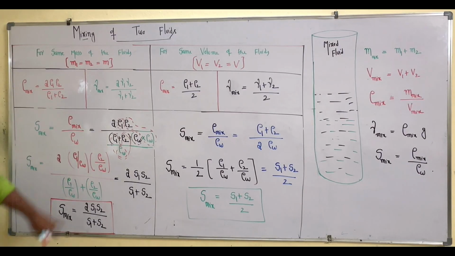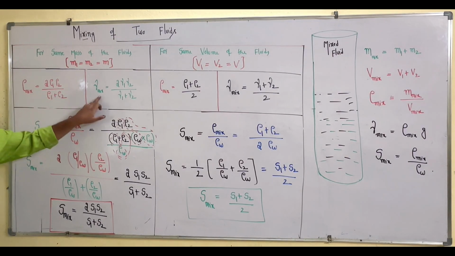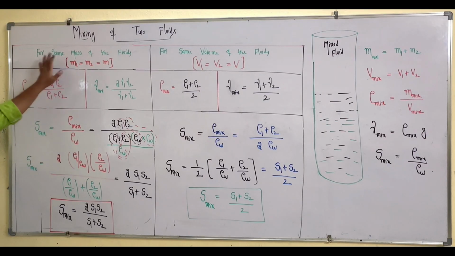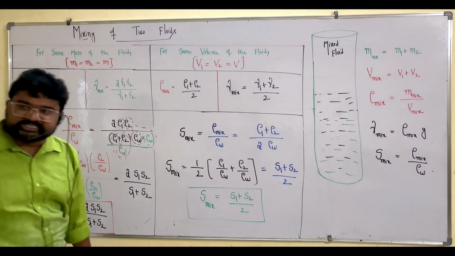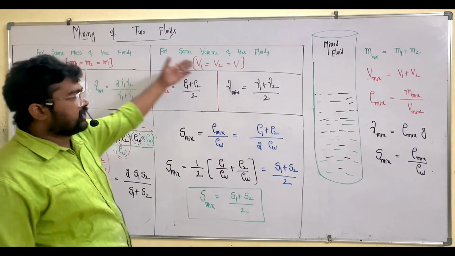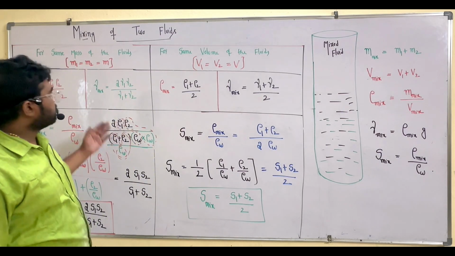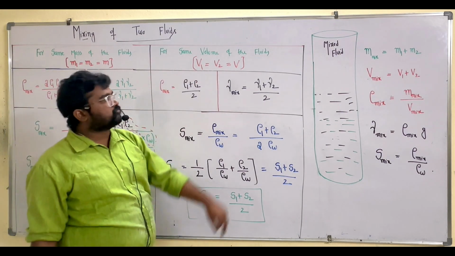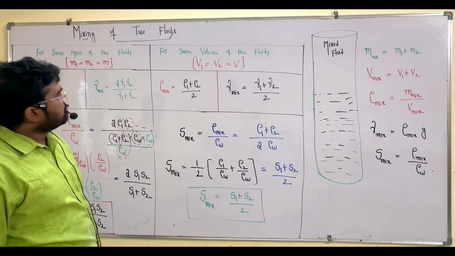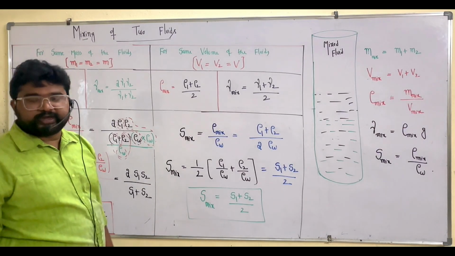So finally, the total 6 derivations are completed. Understood? Density of the mixture, weight density of the mixture, specific gravity of the mixture. In these 3 cases, condition number 1 is the same mass of the fluids, and condition number 2 is the same volume of the fluids.